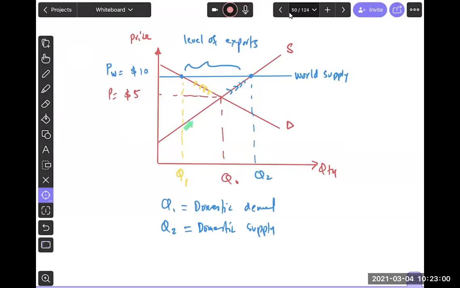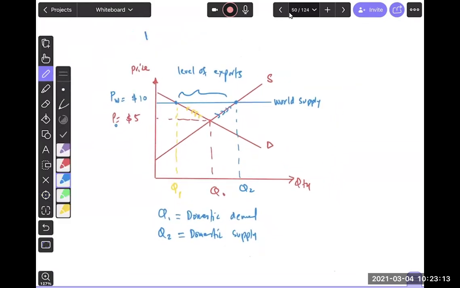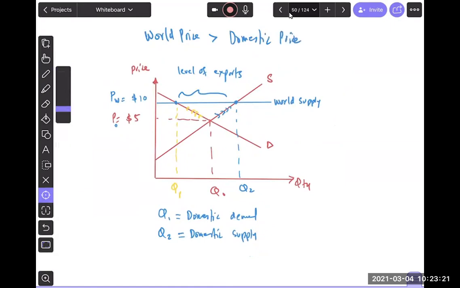So let me explain this one more time. Let's say the market price in the domestic market is P0. The market price is $5. The world price in this case is greater than your domestic price. The world price is $10 and the domestic price is $5.